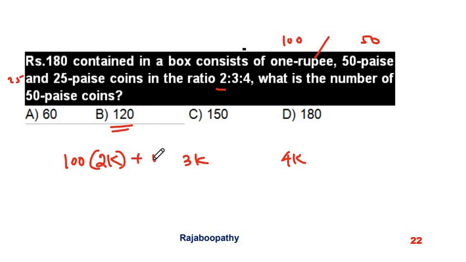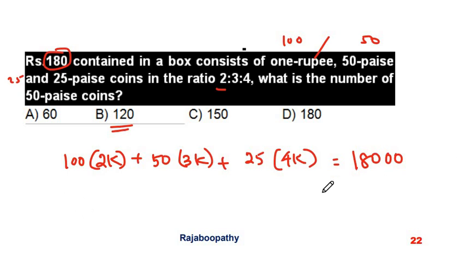Similarly, 50 into 3K, 25 into 4K. These are the values of the coins. The total value is 180 rupees. Everything in terms of paise, therefore 180 rupees can also be converted into paise.